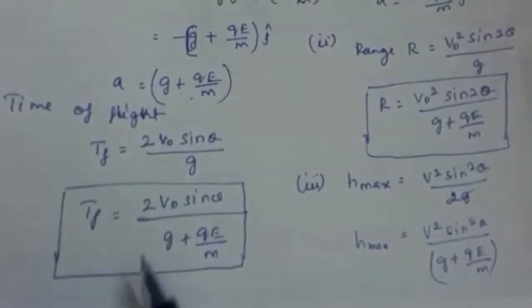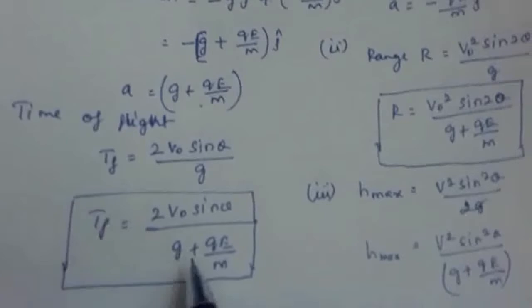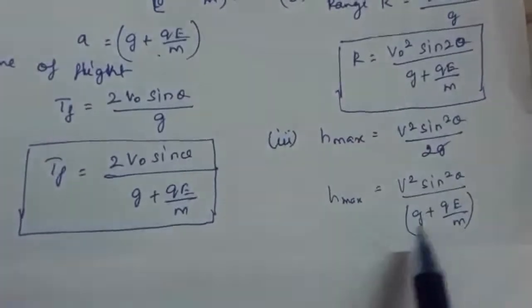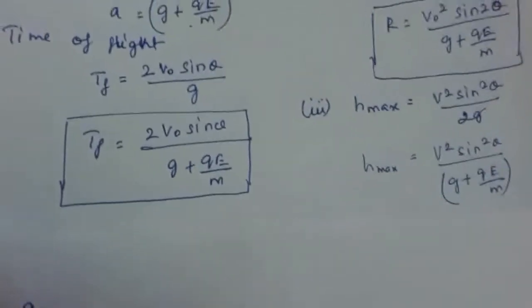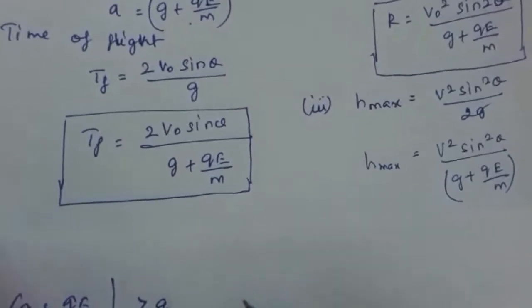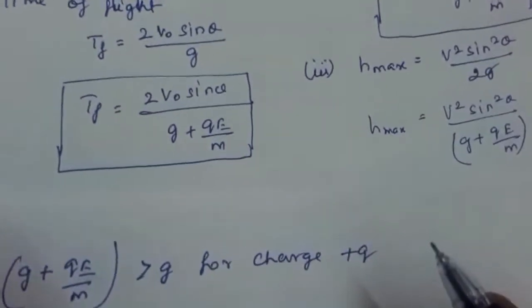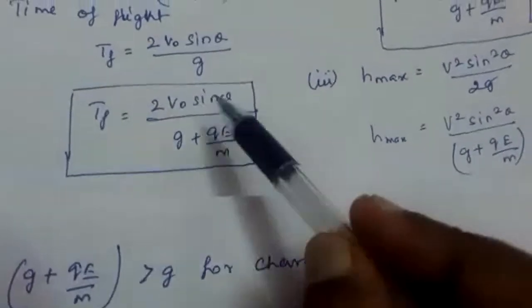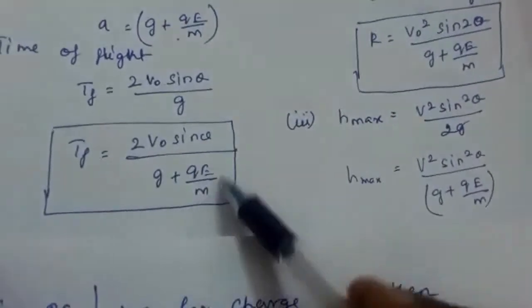In all the three cases, we have found that the time of flight, the range and the maximum height are inversely proportional to the acceleration. Suppose g plus qE by m is greater than g, for charge plus q. Then, since the denominator is a greater value, the time of flight will become smaller.